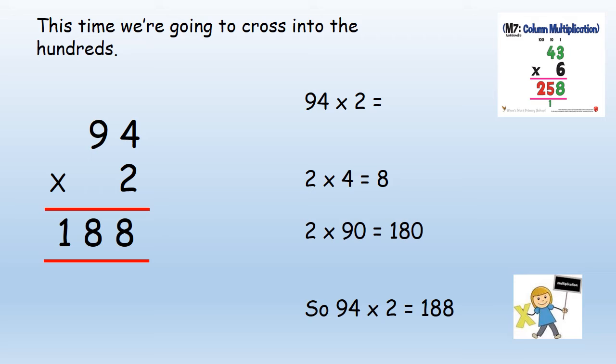So it's 180. And again, we write that down in between the lines. So 94 times 2 equals 188. And again, there's no need to recombine because you've automatically recombined in the answer lines.